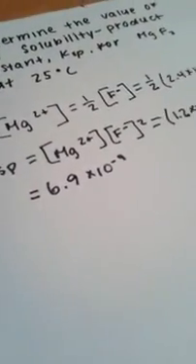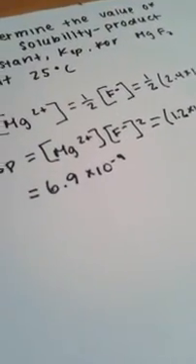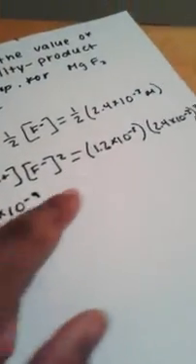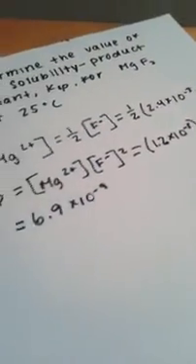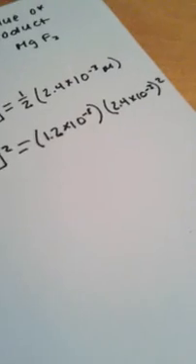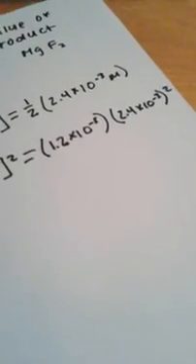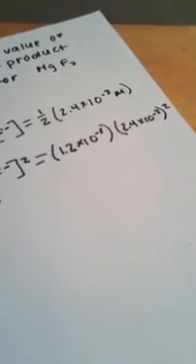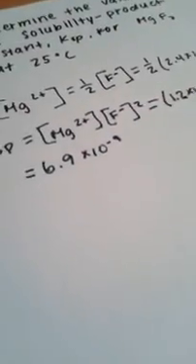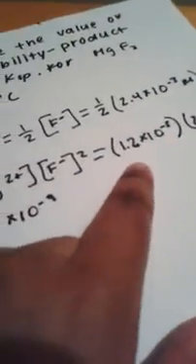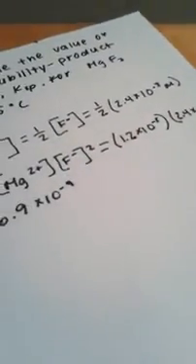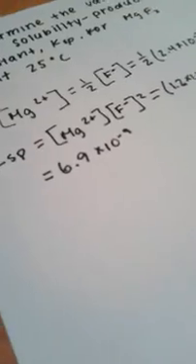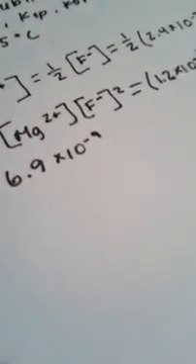So the KSP equals the magnesium concentration times the fluoride concentration to the second power, equals 1.2 times 10 to the negative 3 times 1.4 times 10 to the negative 3 squared. Because of the previous calculations before, that's where we got that answer. And then altogether that equals 6.9 times 10 to the negative 9th power.